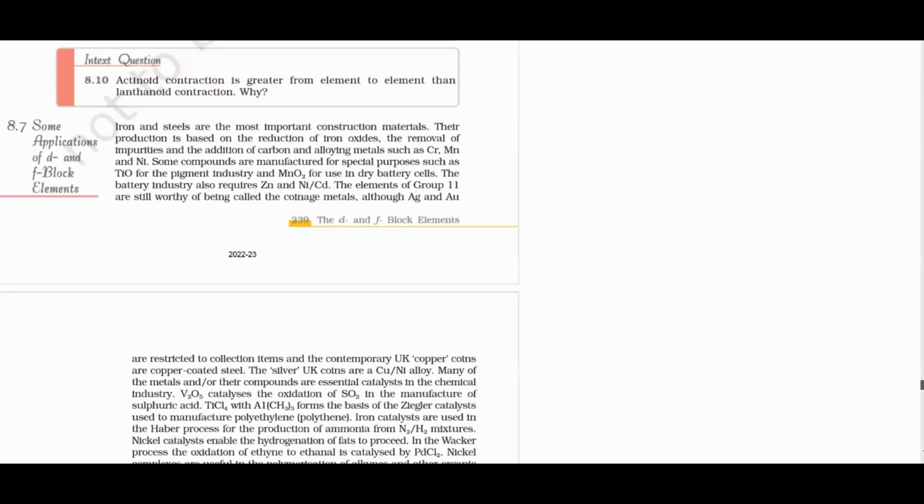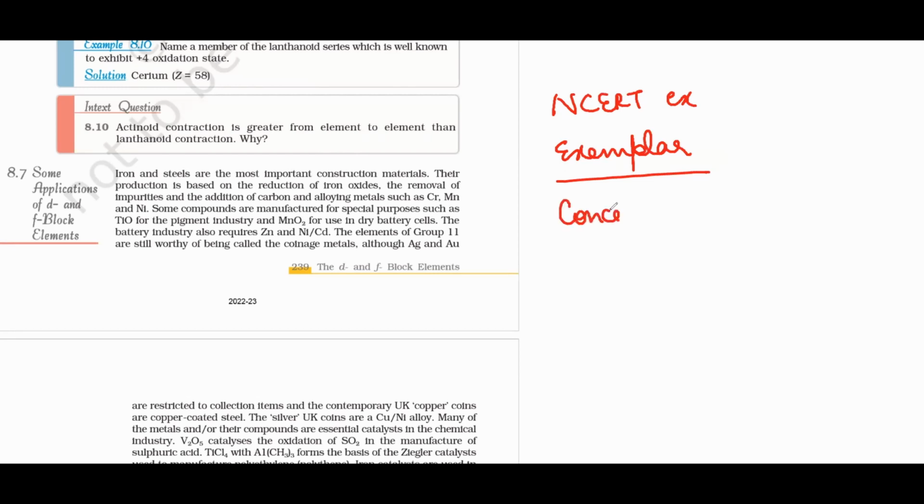I'm repeating, whenever you're preparing your d block for boards, school exams, terms, units, boards, anytime your sequence should always be learning through the NCERT first, then the NCERT exercise, then the exemplar. Okay, after you've done all this, if you still have time, then the conceptuals from any reference book.